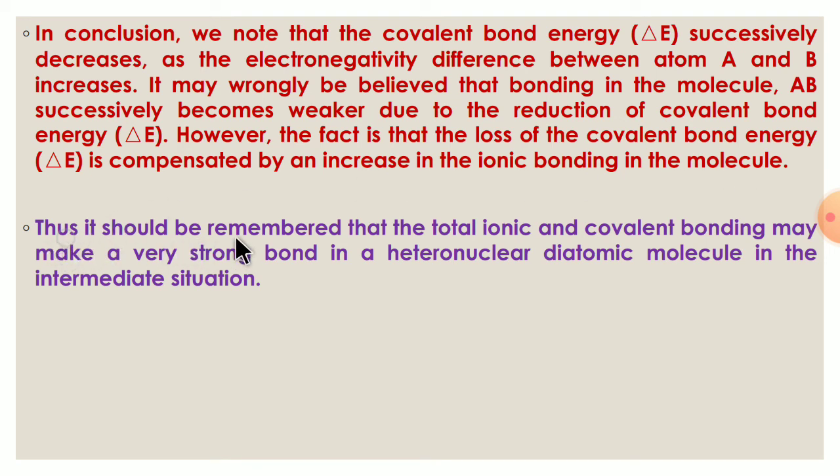Thus, it should be remembered that the total ionic and covalent bonding may make a very strong bond in a heteronuclear diatomic molecule in the intermediate situation.